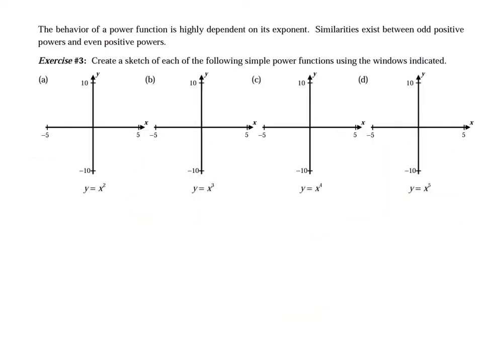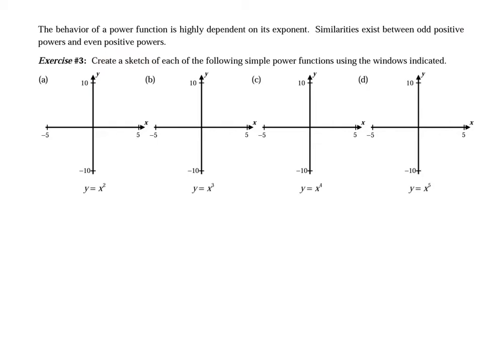Alright, so we're going to study some more characteristics, and the behavior of the power function is highly dependent on its exponent. Specifically, I want to know if it's an odd positive exponent versus an even positive exponent, because certain things are going to happen all the time. So grab your calculator, and you can use a standard viewing window.